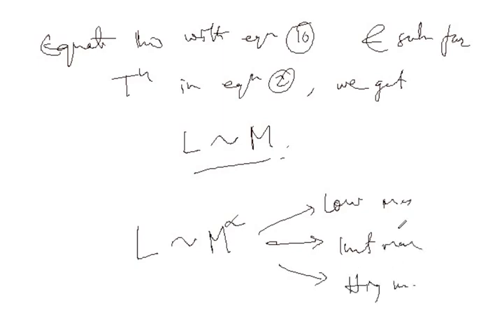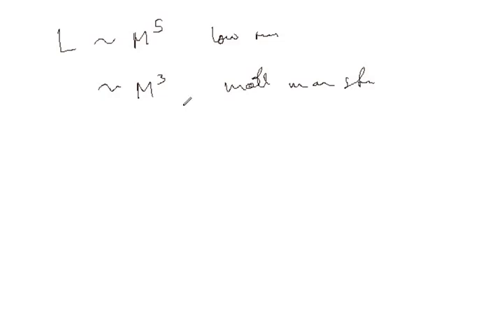Okay. Now finally let me talk about the relation between L and T effective. Right, now you know we observe that L is proportional to M to the power 5 for low mass stars, and an intermediate slope for moderately massive stars. That means L is of the order of M to the power 4.